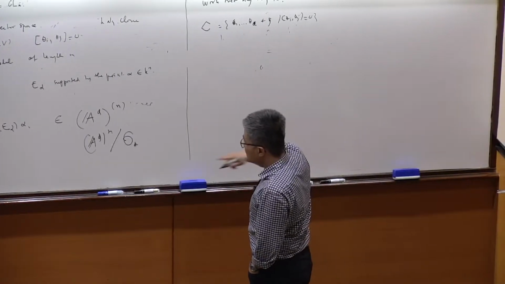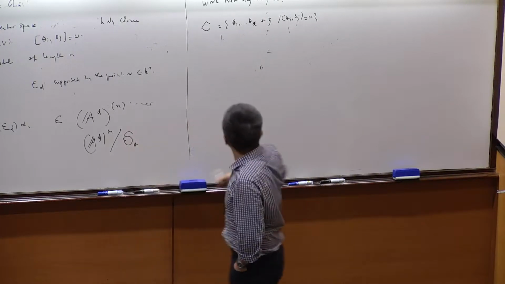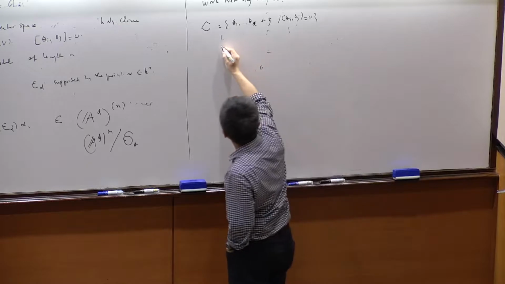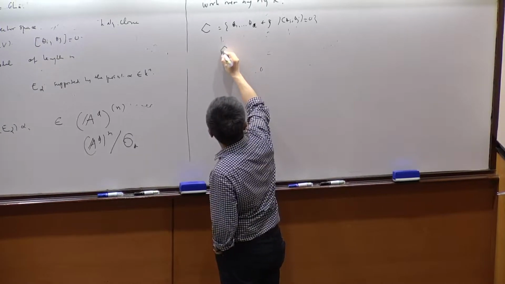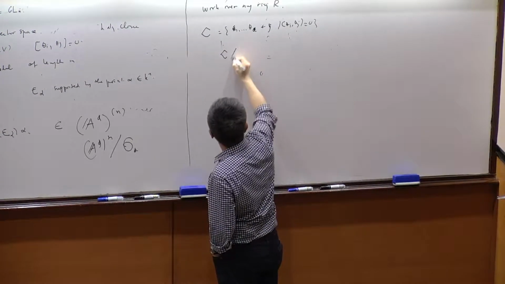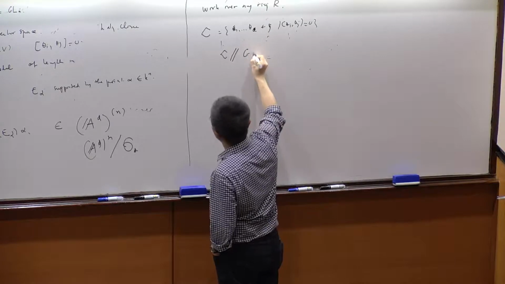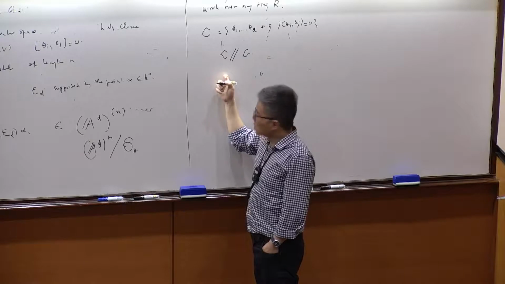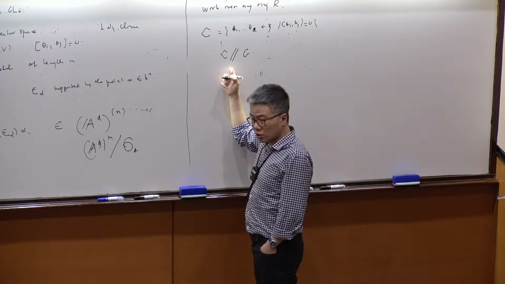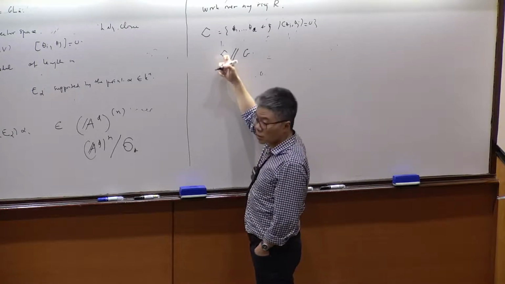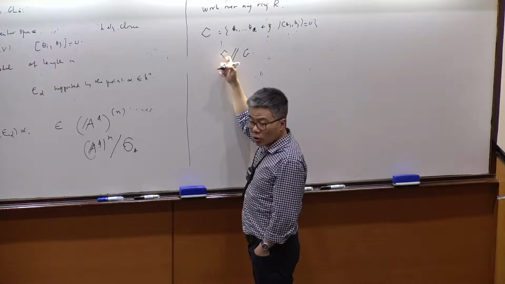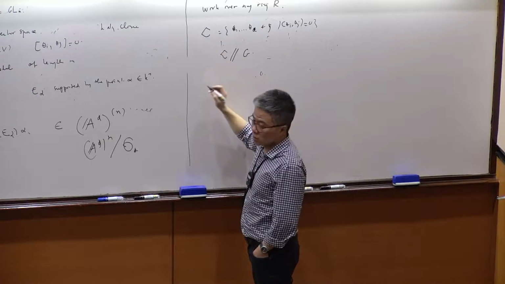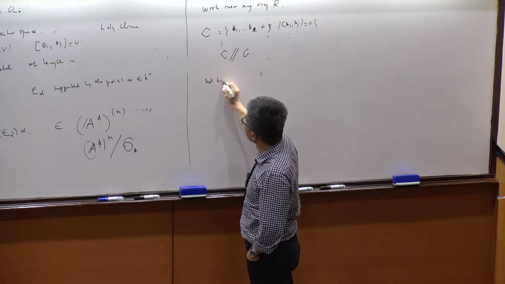So the problem here is the following. You have this GIT thing, the G-invariant functions on C, and you know nothing about its reducedness; it's not known to be reduced.